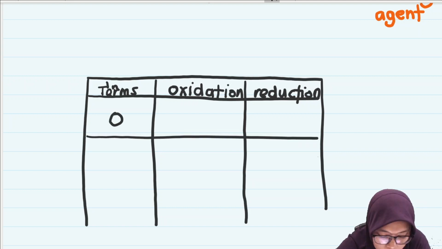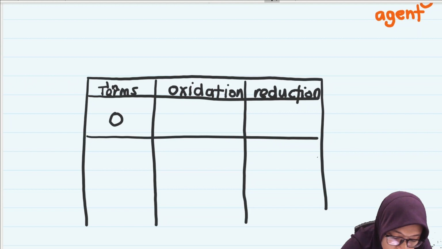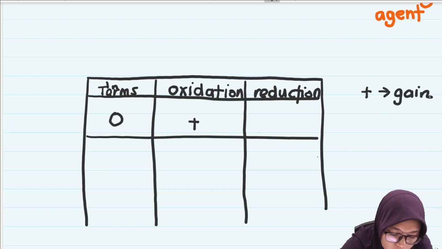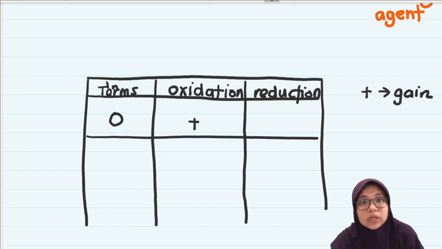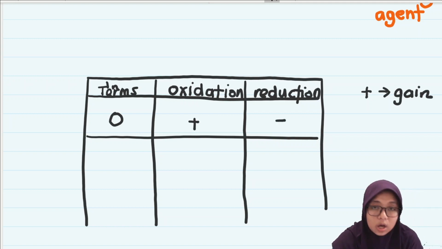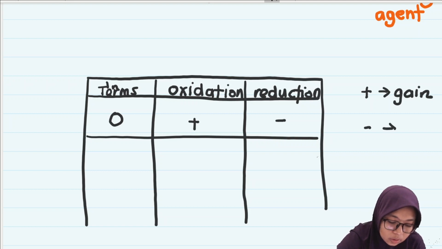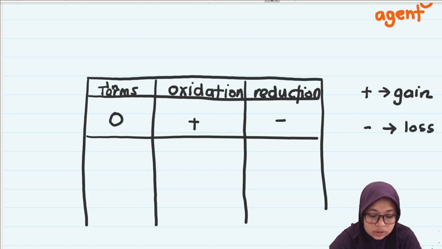For oxidation reaction, kalau dia gain oxygen, plus tu maksudnya gain oxygen, the name of the reaction is oxidation. Kalau reaction tu loss oxygen, dia kehilangan oxygen, minus means loss of oxygen, the name of the reaction is reduction reaction.